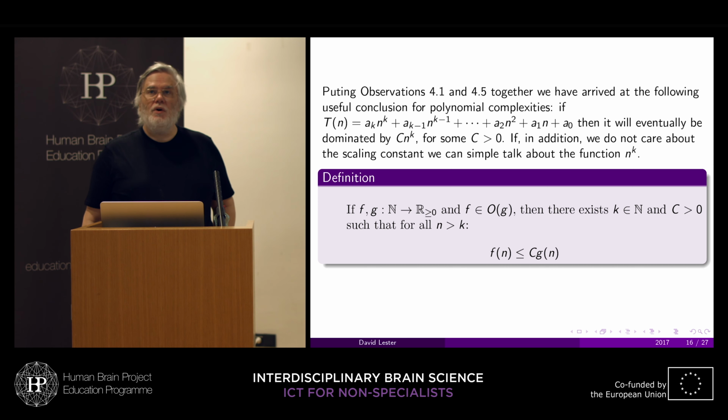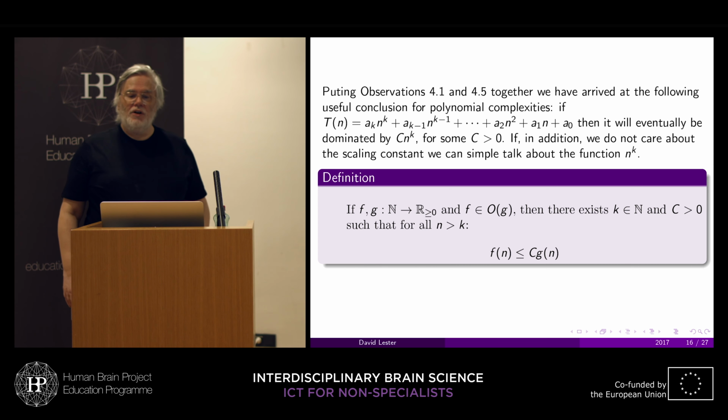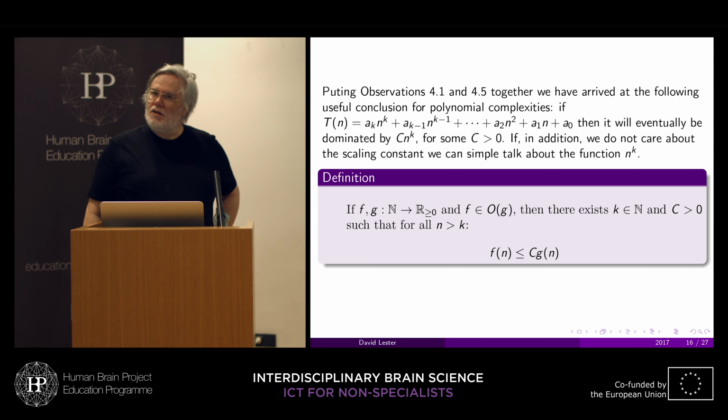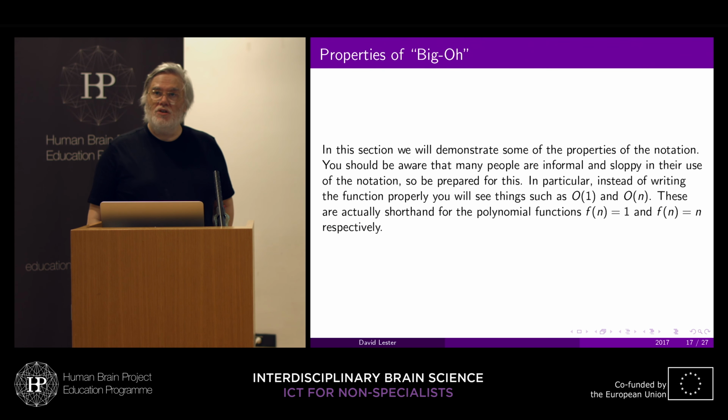All you get left with is n to the k, the biggest power in the polynomial. That makes for a very useful way of simplifying the terms for a time complexity. It both makes it easier to do the analysis and easier to present the results at the end.